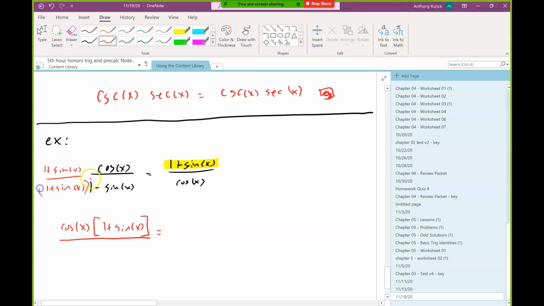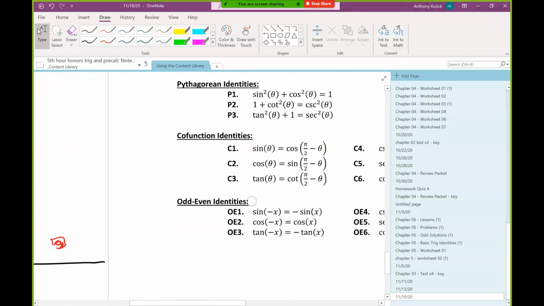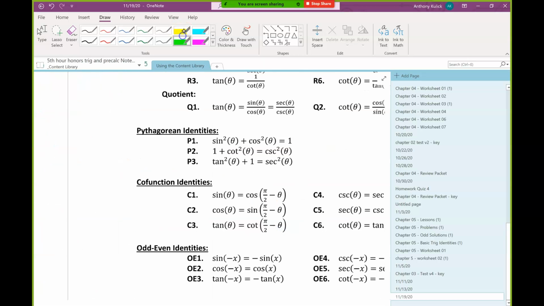And then the denominator, I'd have to FOIL that out. When I FOIL that out, I get 1 minus sine squared. Aha! 1 minus sine squared rings a bell, right? If I look at that first Pythagorean identity, if I subtract sine squared from both sides, I get cosine squared equals 1 minus sine squared.